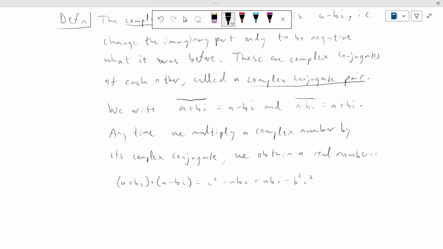Now, you're going to notice that this minus ABI and this plus ABI are going to cancel off. So I have A squared, and then I squared is -1, so this is minus B squared times -1, which is the same thing as plus B squared. So I multiplied a complex number by its complex conjugate, and what I got was the real part squared plus the imaginary part squared. That always works.